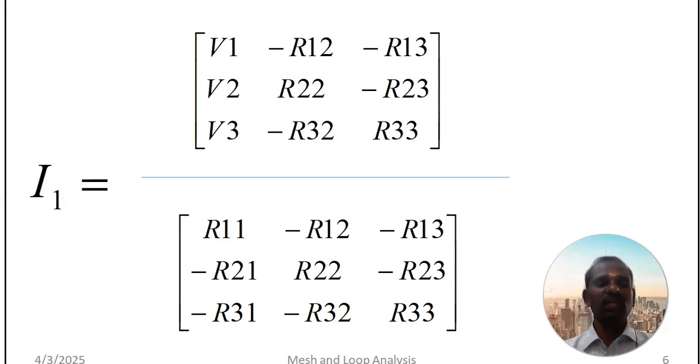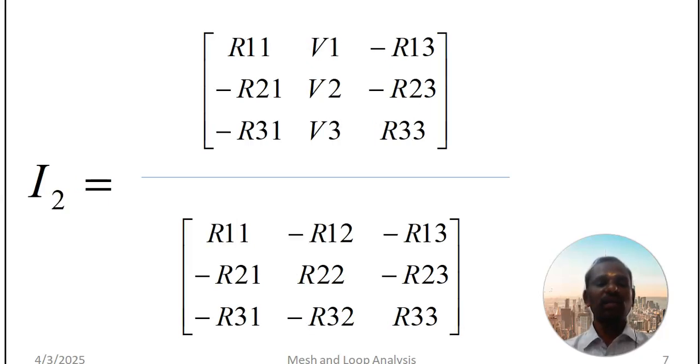For finding the value of I1, replace the first column by V1, V2, V3, and the remaining things will be the same, divided by the whole del, where del will be the normal matrix R11, R12, R13, and so on. So it will be the same for all the values.